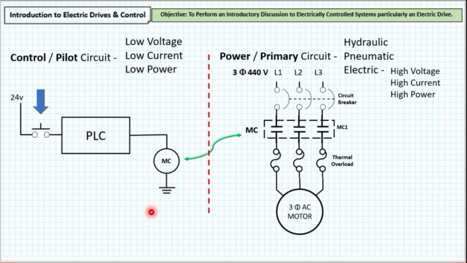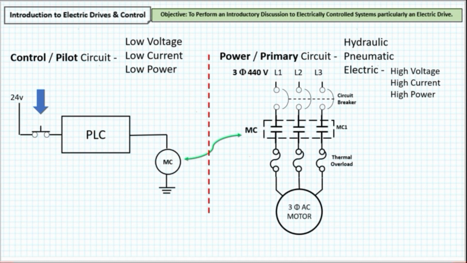At its de-energized state, the contactor is in its normal non-operating condition, because we have not yet pressed this. But when the normally open push button is pressed, a low voltage signal will be received by the PLC.